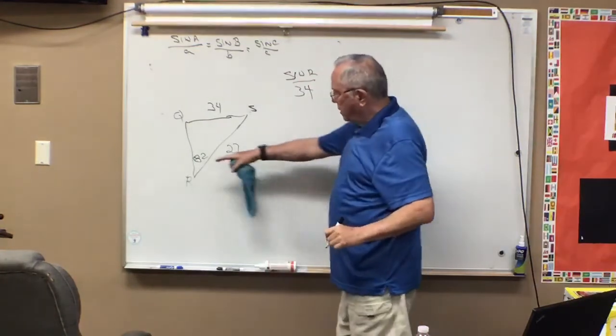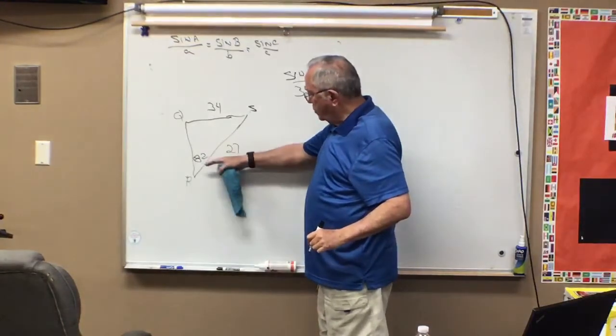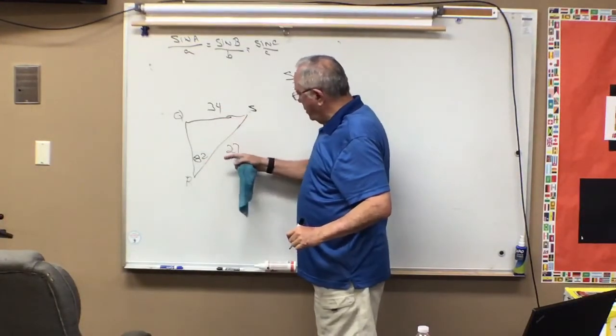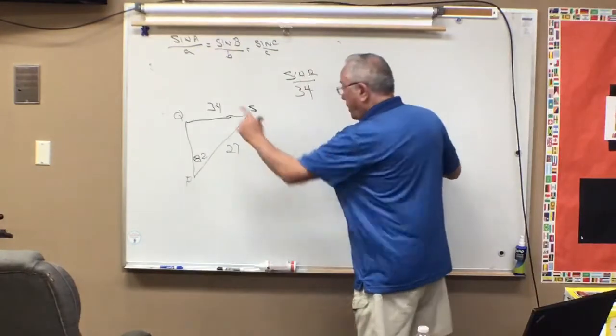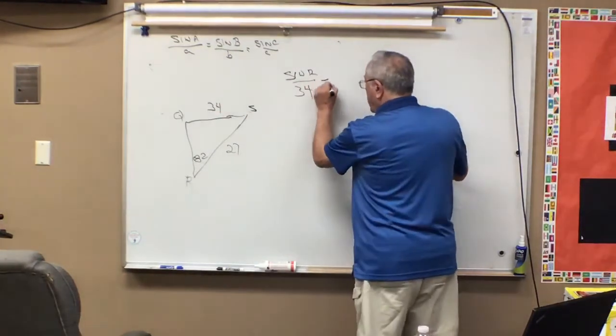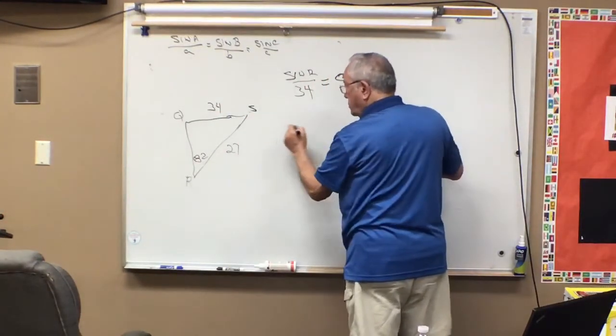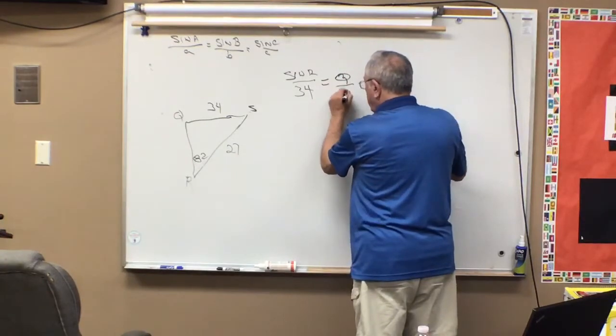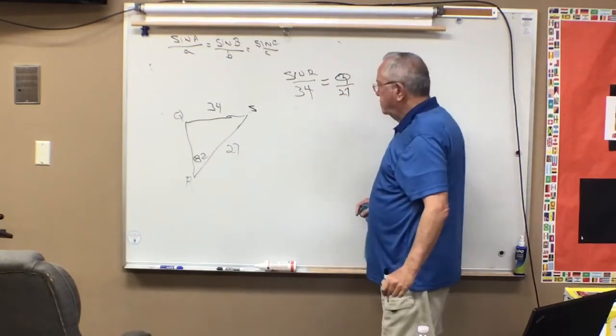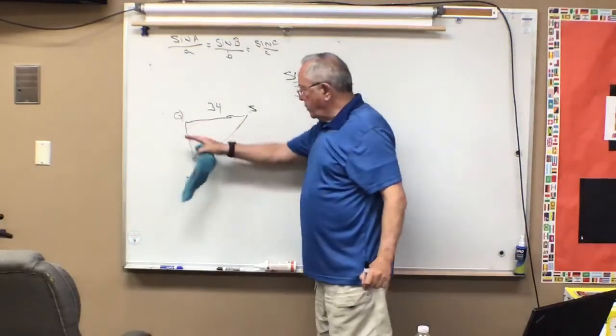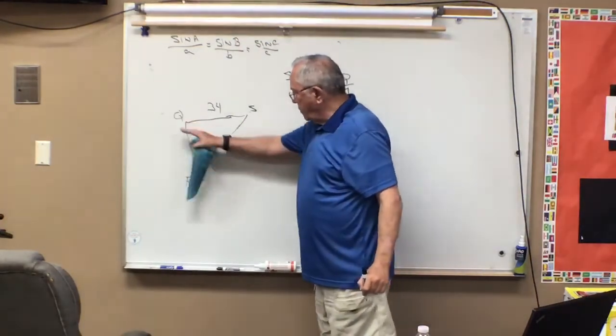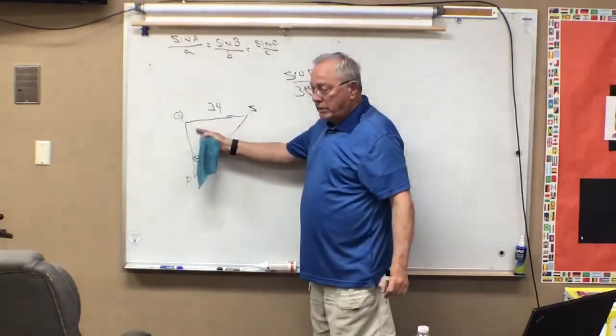You with me? The sine of R over 34, and I want to find angle Q, so the sine of Q is over 27. But we don't know what this is, do we?